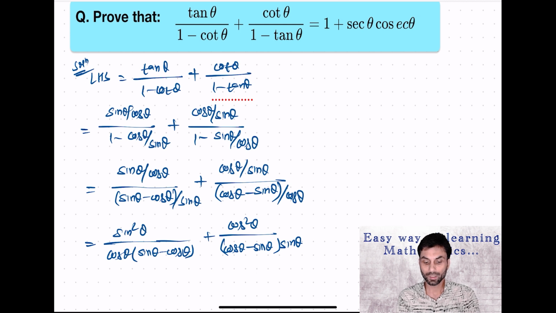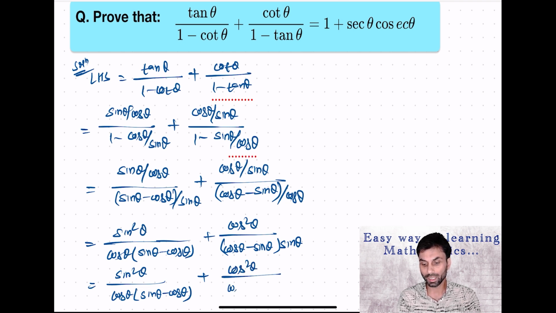If you rearrange the second term, we can write it as sine square theta upon cos theta into sine theta minus cos theta plus cos square theta upon cos theta minus sine theta.